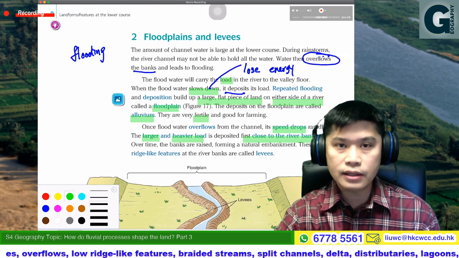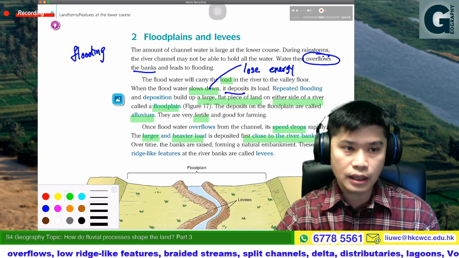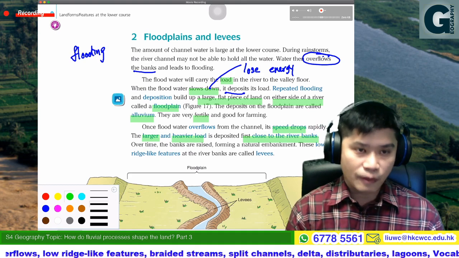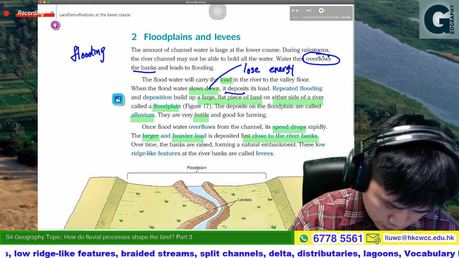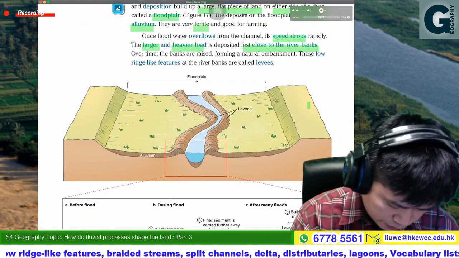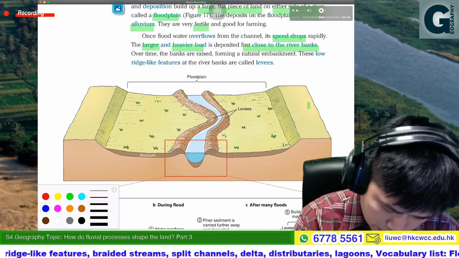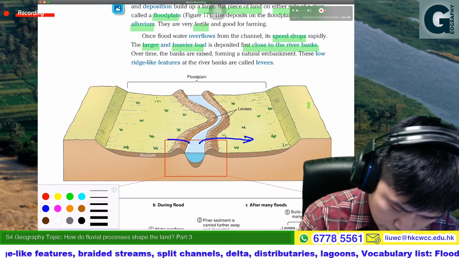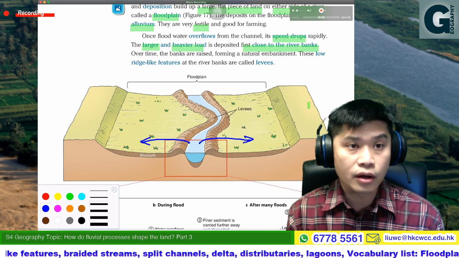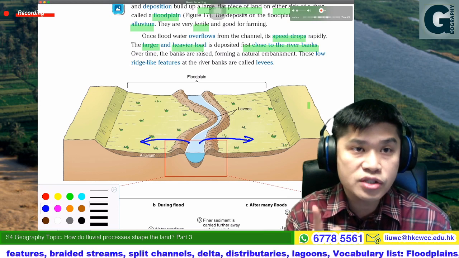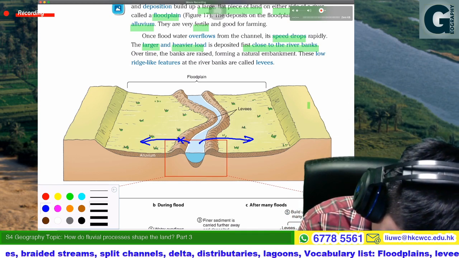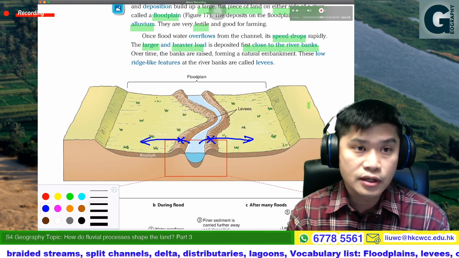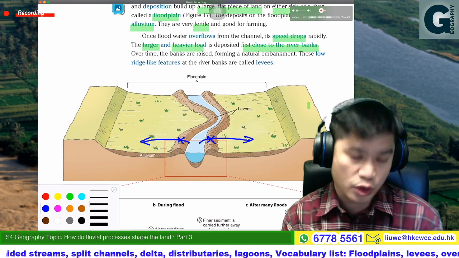That is, when the river water overflows from the river, like this, it first deposits its load at the river banks. Why?